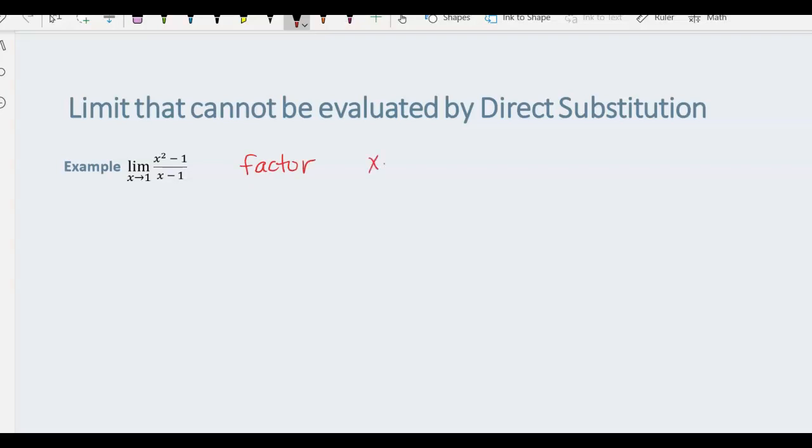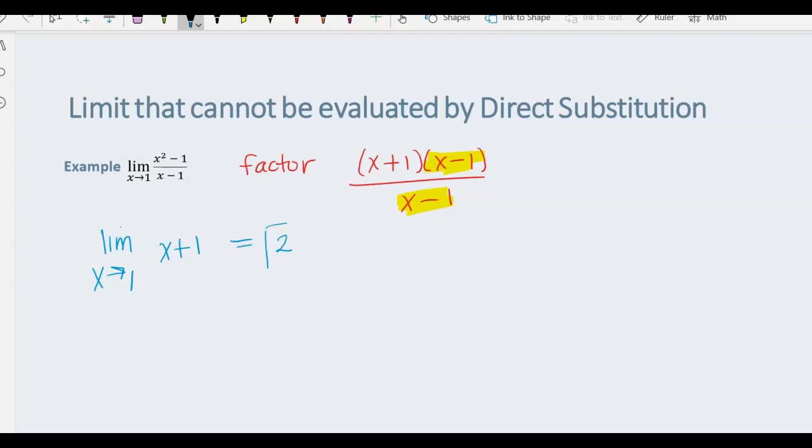The top will factor into x plus 1, x minus 1, and those are going to cancel. So instead, we're looking at the limit as x approaches 1 of the function x plus 1. We can plug the 1 in now and say that the answer is just going to be 2.